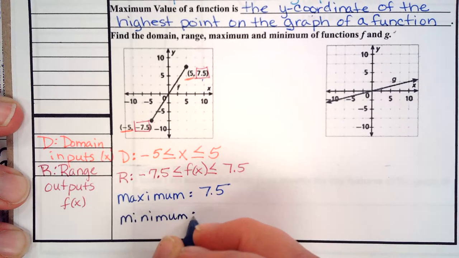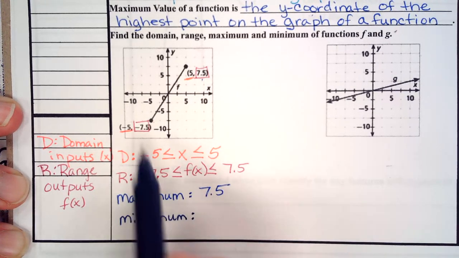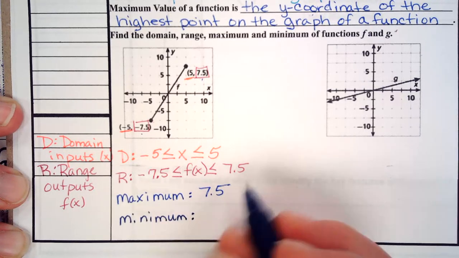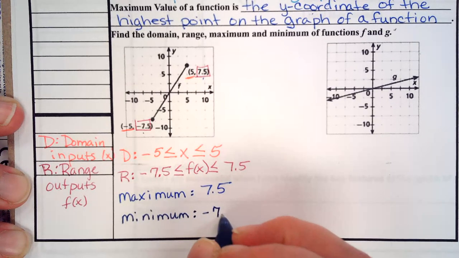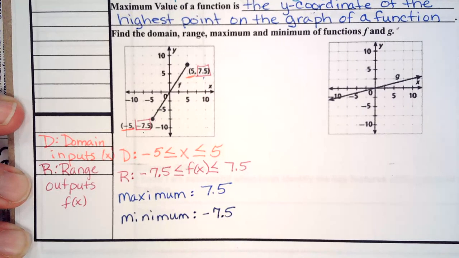That's the lowest point on the graph. The y-coordinate of the lowest point is -7.5. So your maximum is your highest point, your minimum is your lowest point, but you're only looking at the y value, or the f of x value, the output.